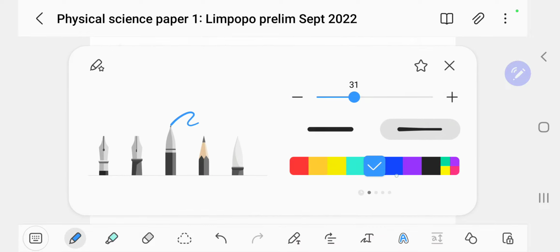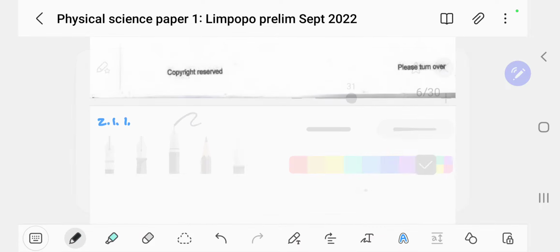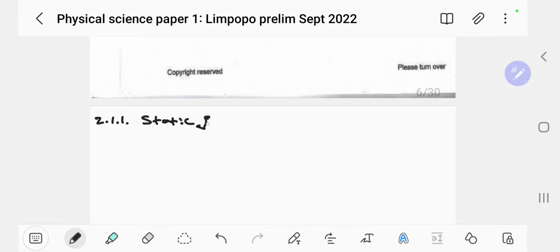Let's do it nice and easy, guys. 2.1.1. So we are defining static friction. How do we define it?